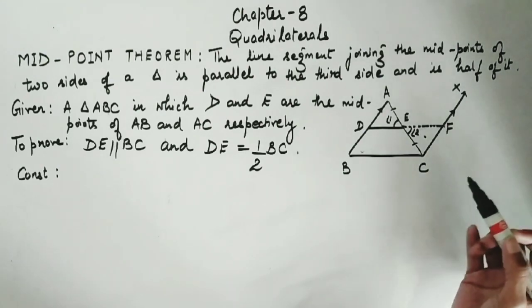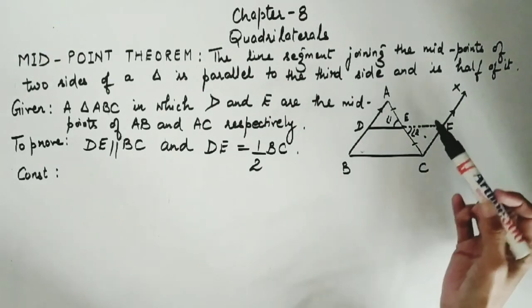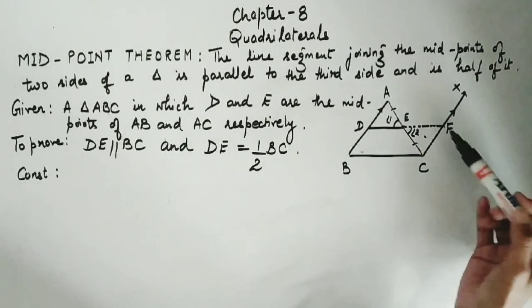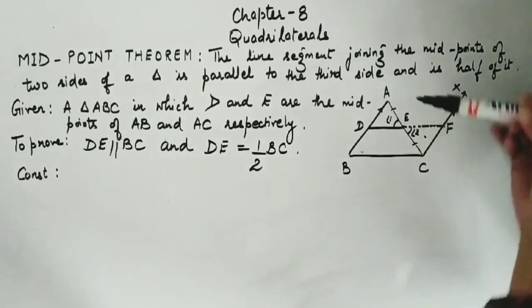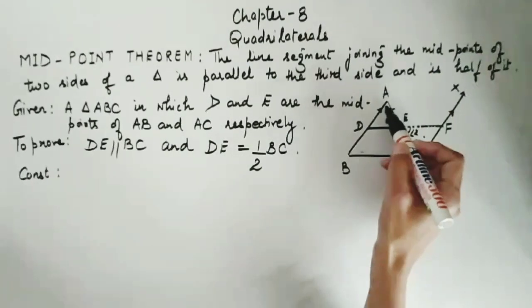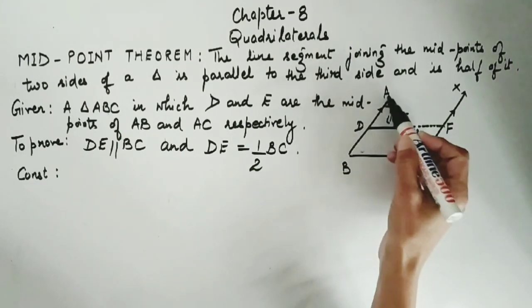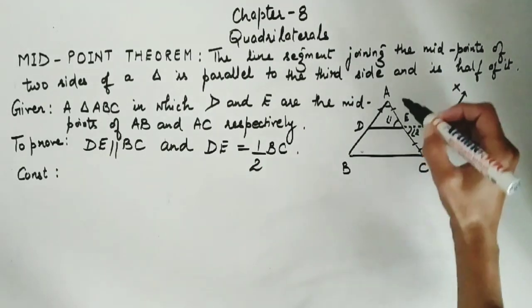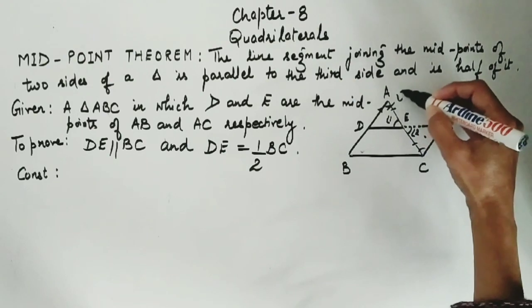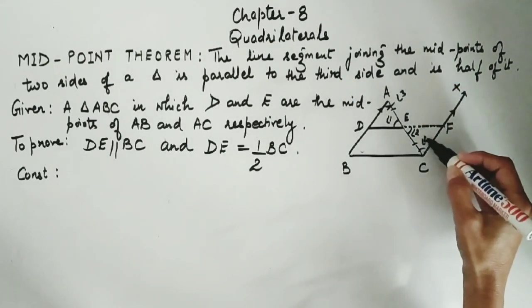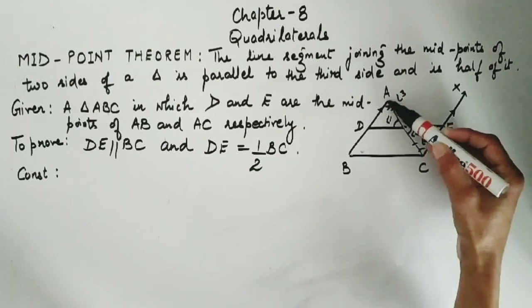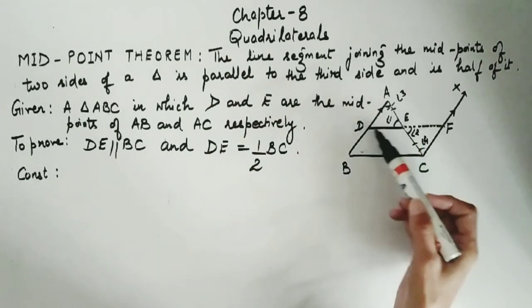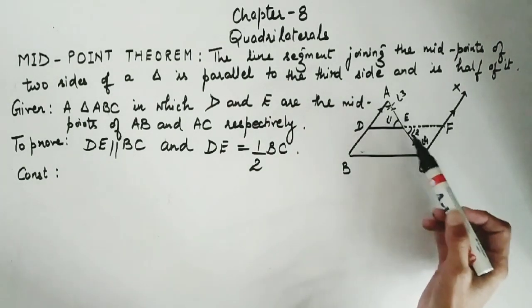And the third matching part: since DA or BA is parallel to CF, and this is a transversal, angle DAE must be equal to angle FCE, which we mark as angle 3 and angle 4. The rule would be angle, side, angle. By the ASA rule, triangle ADE and triangle CFE become congruent.